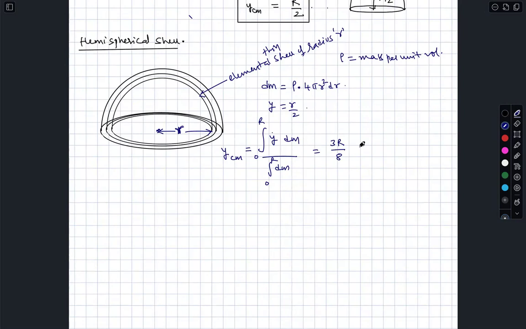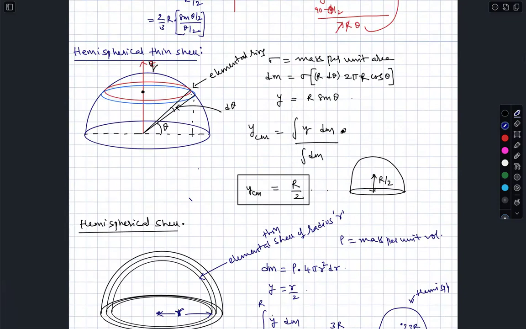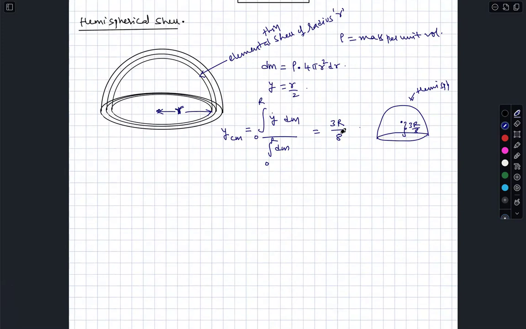Now, at the end of the day, what you need to remember is for a hemisphere, the center of mass is at a distance of 3R by 8. For a thin shell, it is at a distance of R by 2, location of center of mass. Similarly, we will do it for the cone, we will do it for the other structures, actually.